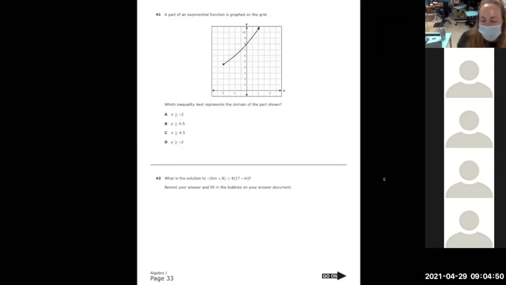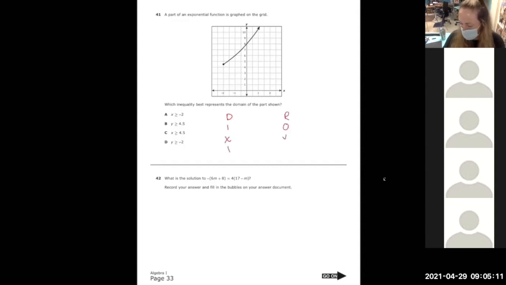So, the first question says a part of an exponential function is graphed on the grid. Which inequality best represents the domain of the part shown? Remember, to remember domain, we write Dixieroid.